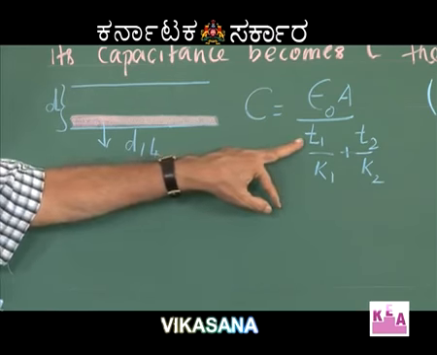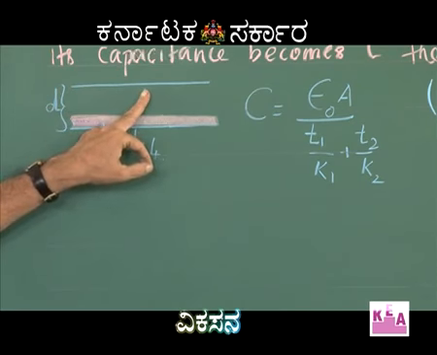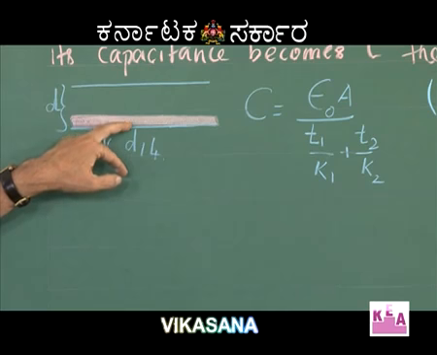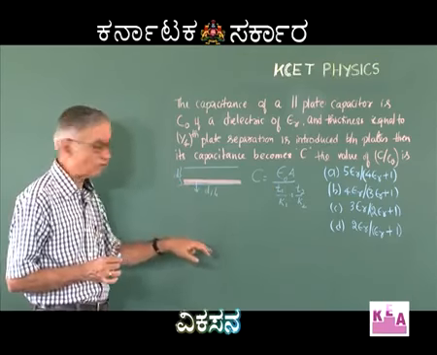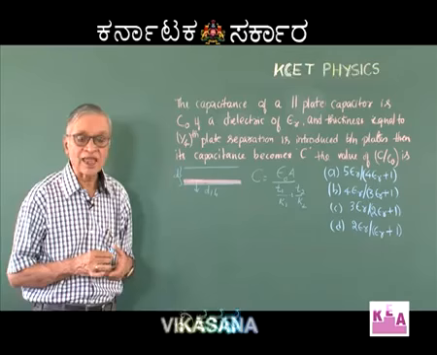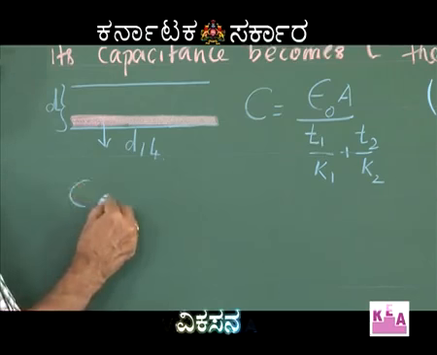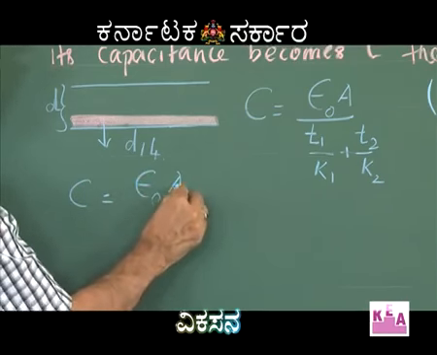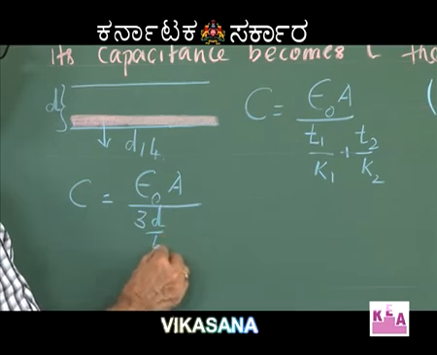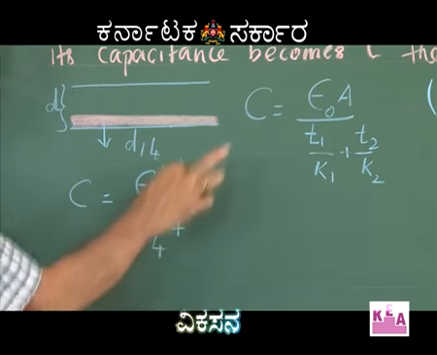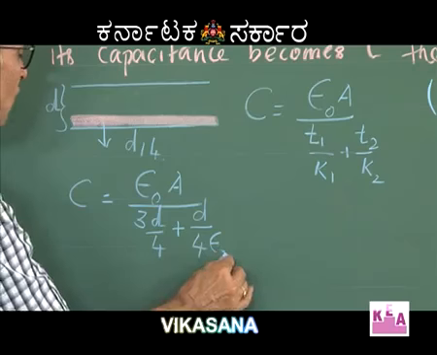Now, you can agree that T1 is equal to 3D by 4 and K1 is equal to 1, because this portion is not filled by a dielectric, it is air. Similarly, T2 is equal to D by 4 and the dielectric constant is epsilon r, that is K2 is equal to epsilon r. Therefore, C will be equal to epsilon 0 A divided by T1, 3D divided by 4 into 1, plus T2, D divided by 4 into K2, which is epsilon r.